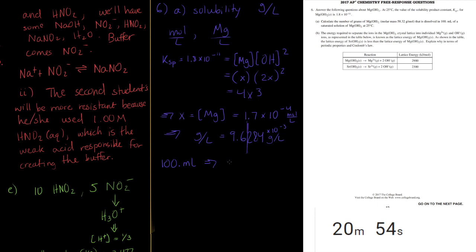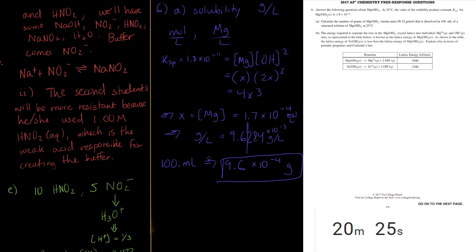Final answer is going to be 9.6, again only 2 sig figs at the end, 9.6 times 10 to the negative 4 grams. The critical point was the 4x cubed. That's important to remember. That's how we can work backwards from the Ksp to the solubility, which is then just straightforward to get back to the amount of grams.